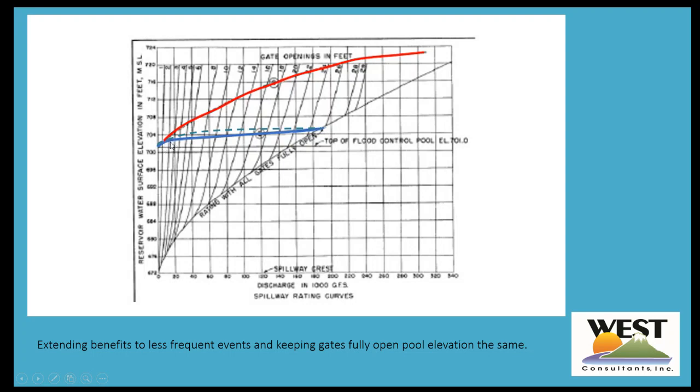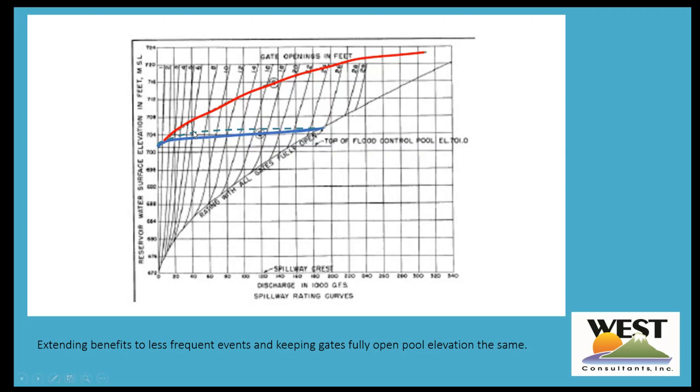And so it may be desirable to try to extend those benefits to less frequent events. And so what I'm trying to show here with this green dash line is that I'm trying to make this steeper slope go out further in order to provide additional benefits at maybe a higher elevation or maybe a less frequent event.